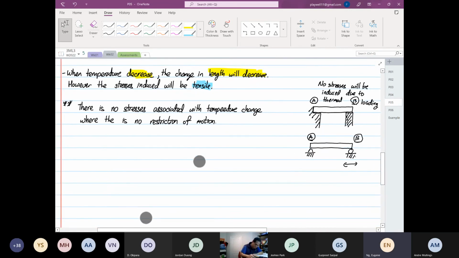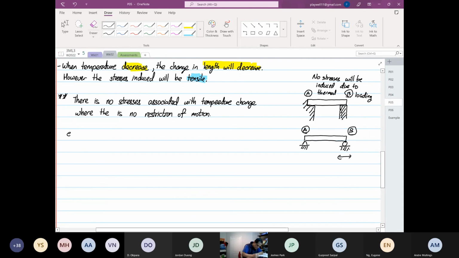Okay, so I'm going to write this out. As an example, if one end is built in and the other end is free, like this, so point A and point B, the other end is free.